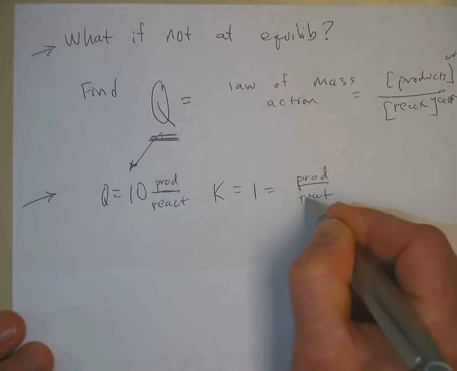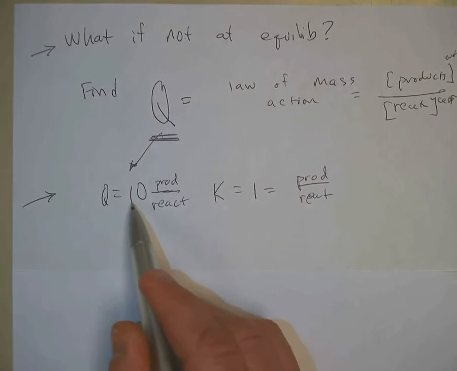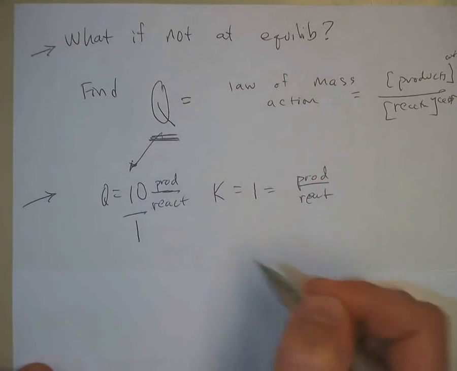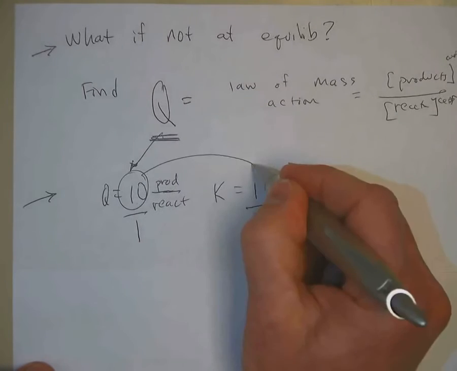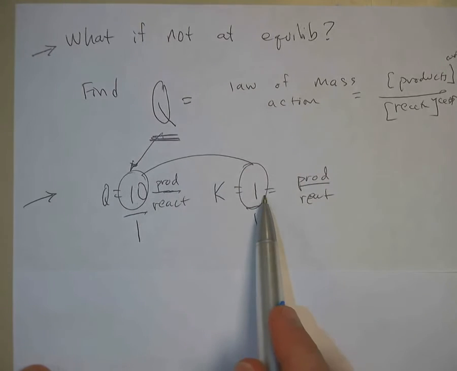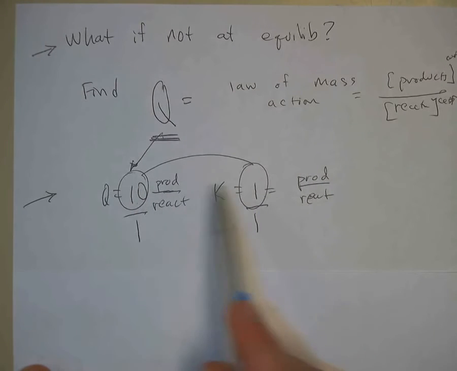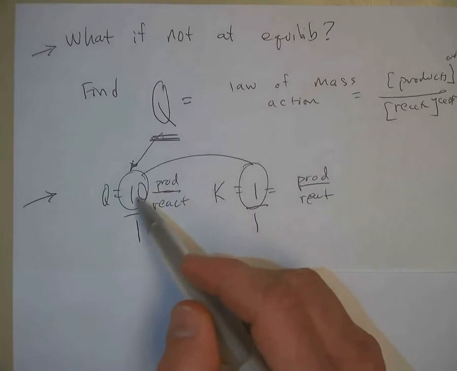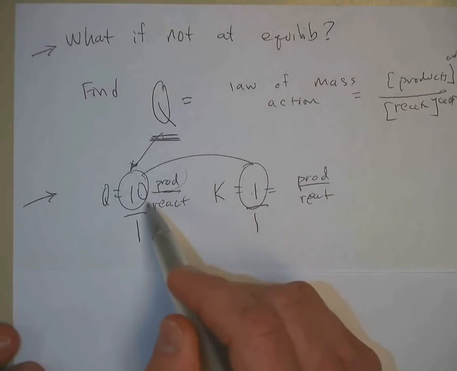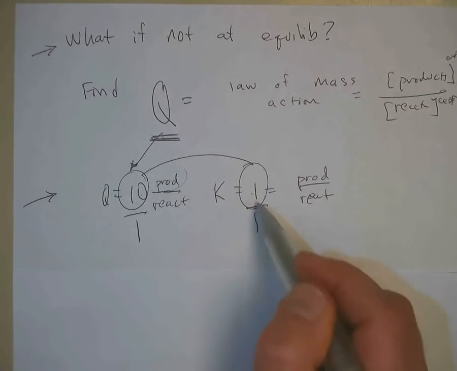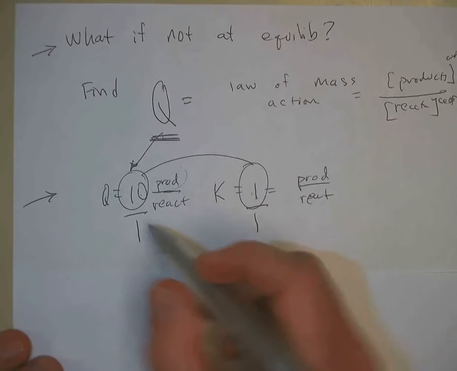And so what I always say to do when you're given these numbers is take the Q number and write it over 1, take the K number and write it over 1, and then ask, what would have to happen to the products to get them to look like K? Well, it'd have to go from 10 to 1. So that means I'd have to get rid of some products, and I'd have to go to the reactants to get to look like K. That's how you can always do those.